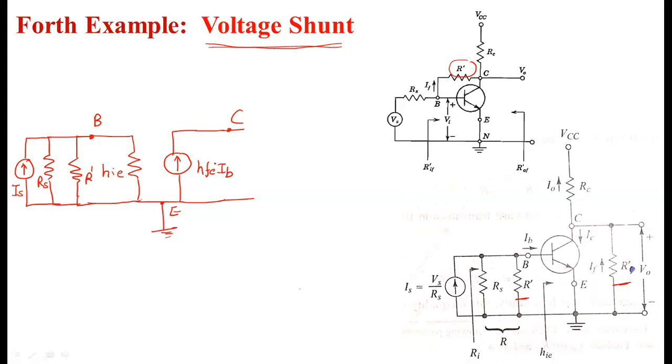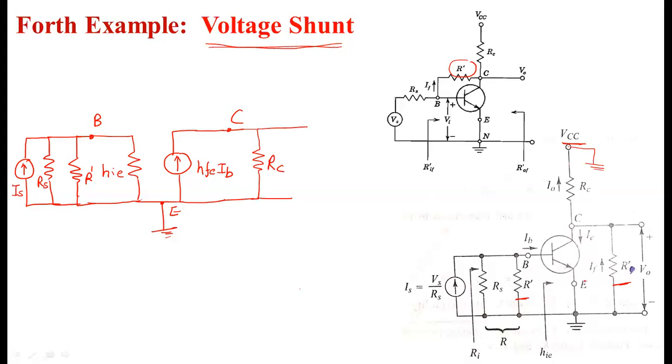Now we have to draw the output side. For the output side, first of all, we make the VCC ground. So when we short circuit the biasing voltage, the RC comes connected to ground. So first of all, we have RC which is grounded.